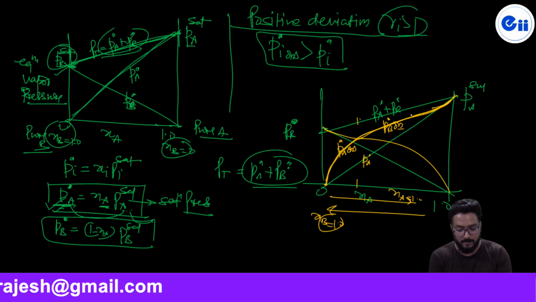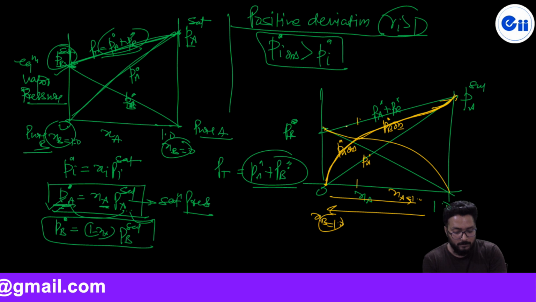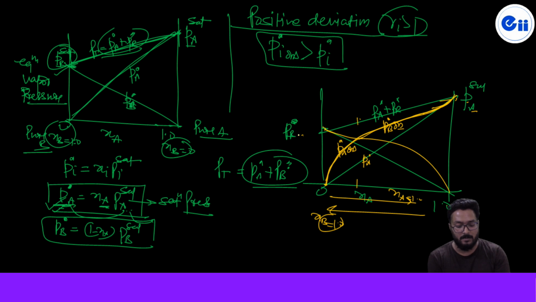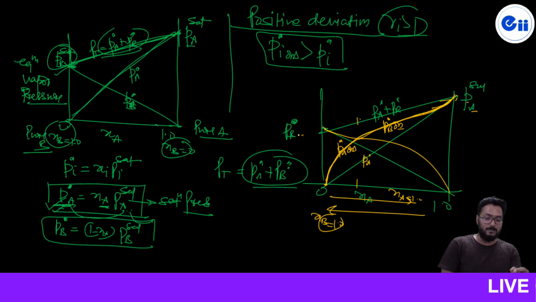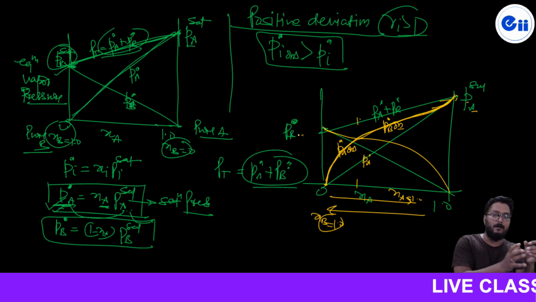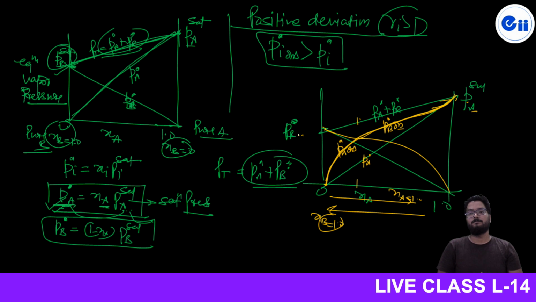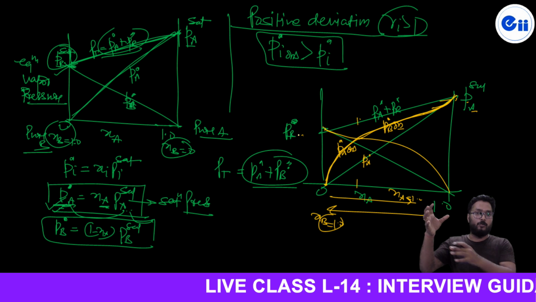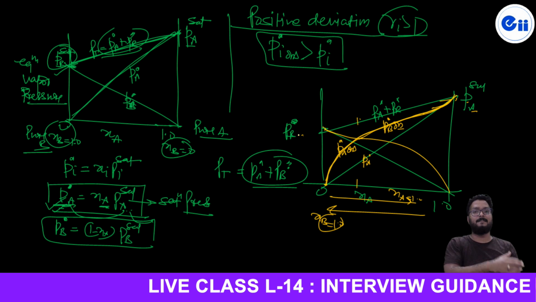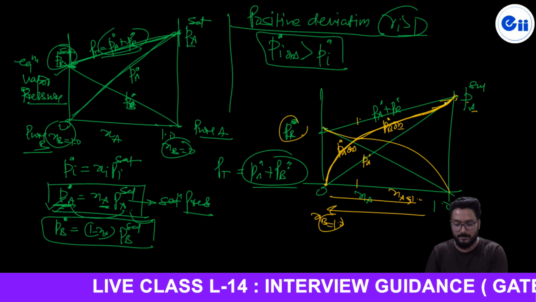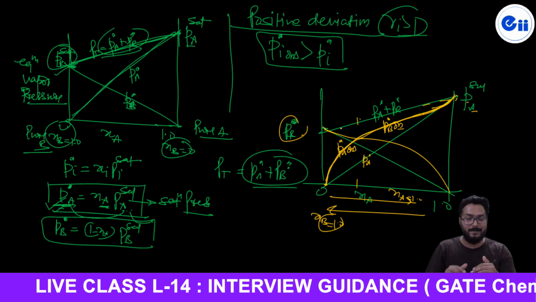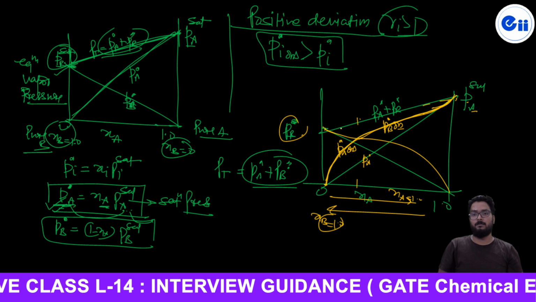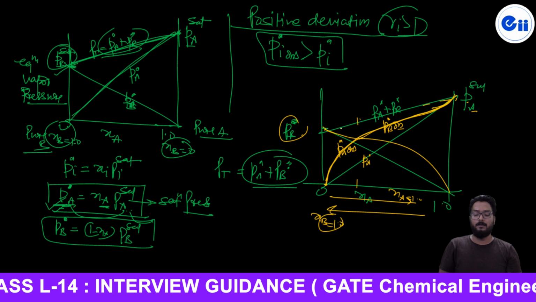It means you can see here, in ideal condition, the total vapor pressure lies between PA star and PB star, am I right? In ideal condition, the total equilibrium vapor pressure will always lie in between; it is lower than the vapor pressure of A and higher than the vapor pressure of B. You can see here, it lies between these two. But in the real condition, it is not going to happen. In actual condition, it is not going to happen.